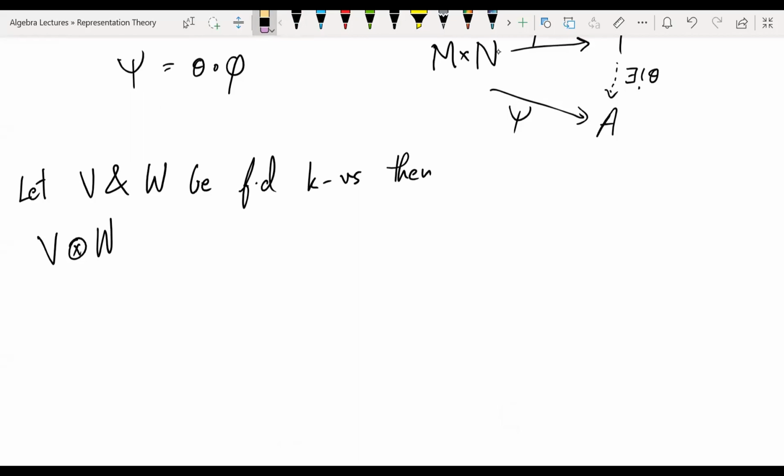In the ring case one should do it more religiously, but even then sometimes people drop it. In the field case, people certainly drop it because there's only one field involved when you're working with vector spaces. So V tensor W is also a finite dimensional vector space. Any guesses what the dimension will be, or how this looks?